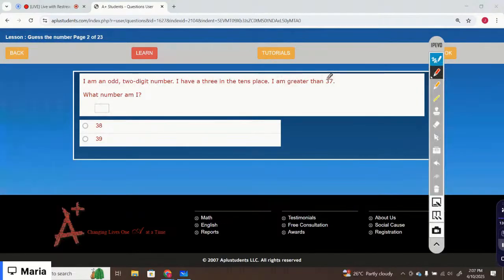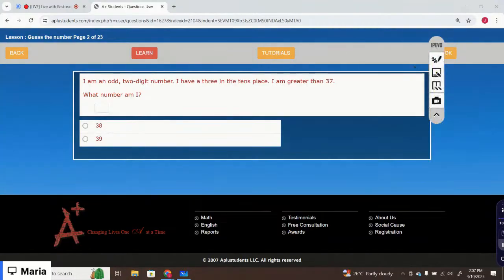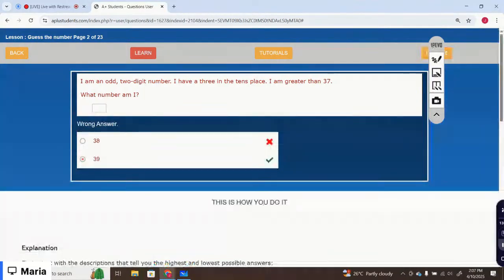I'm greater than 37. So greater than 37, we are given two numbers over here, 38 and 39. But it is an odd number. So 39 it is. Sorry, option number two is the correct option, that is 39.